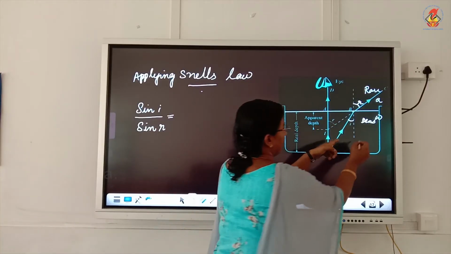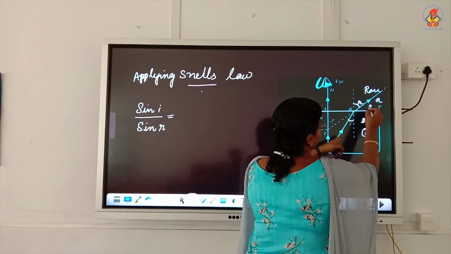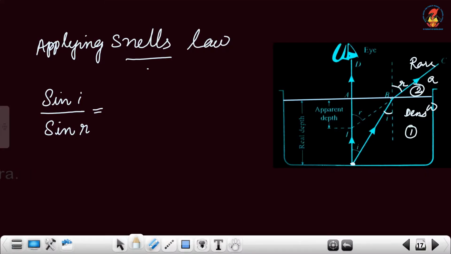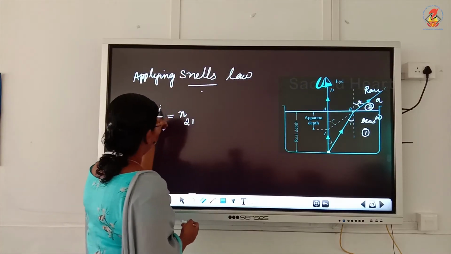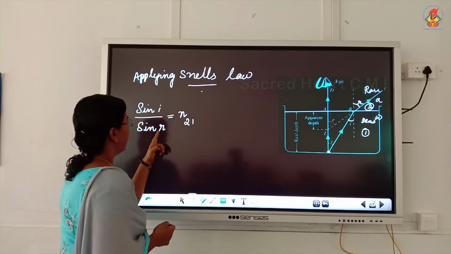So this is medium 1 and this is medium 2. So you can write n21, or if you want you can write nAW. You can name it as you wish. Now we are going to find out what sin i and sin r are.